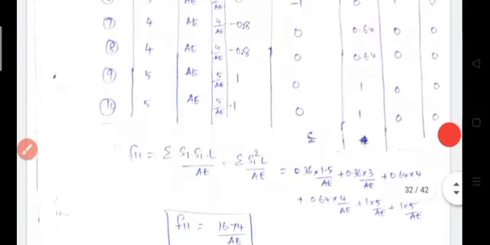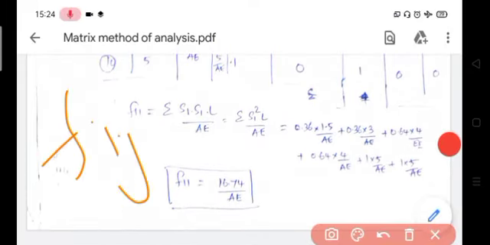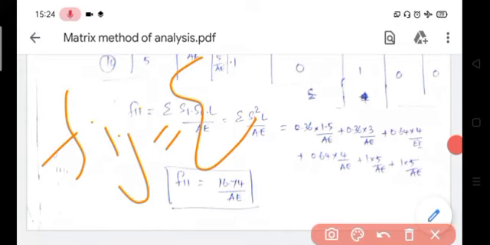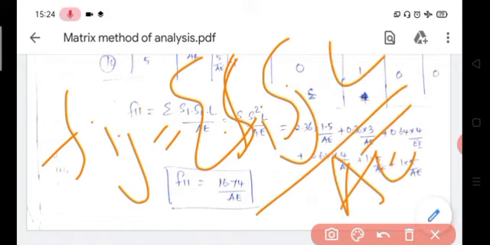Then finally the element of the flexibility matrix, F11. We know the general formula, Fij is equal to summation of Si Sj into L by Ae. So for F11, I and j both are equal to 1.